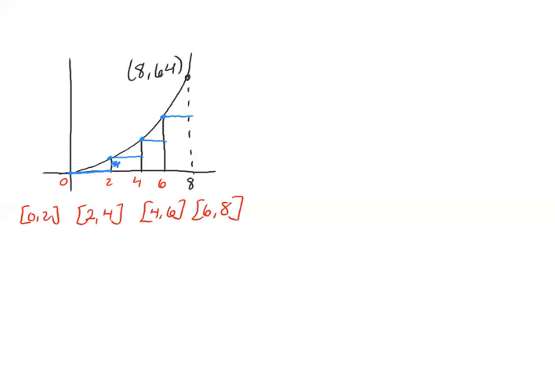So this is essentially the area that I'm using to approximate the complete area underneath the curve. So let's do those calculations. Just like we calculated for the previous problem, the base of each rectangle is 2.